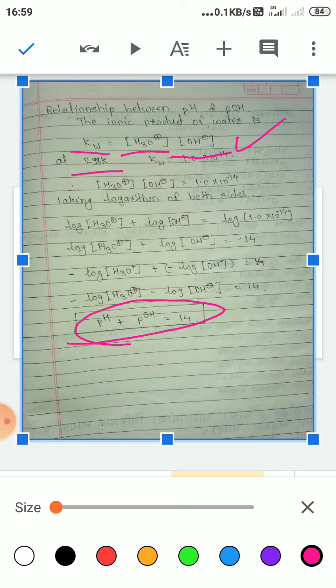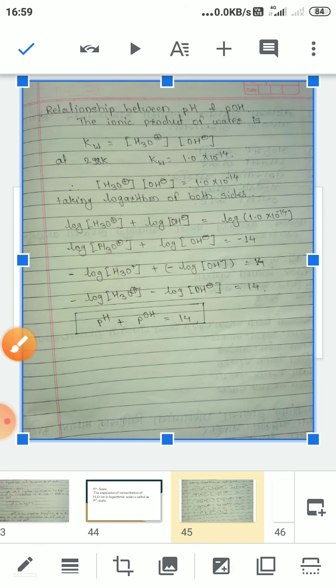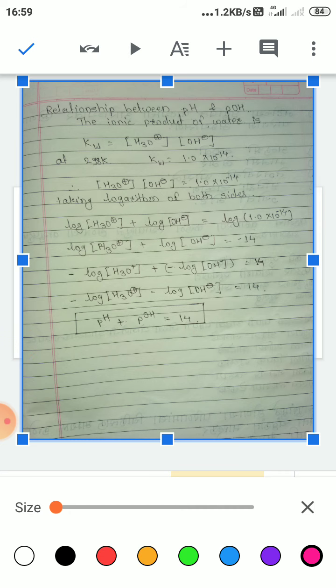At 25 degree Celsius or 298 Kelvin, the ionic product of water is 1.0 into 10 to power minus 14. So the equation is the concentration of hydronium ion into the concentration of OH- ion equals 1.0 into 10 to power minus 14. Taking a logarithm of both sides.